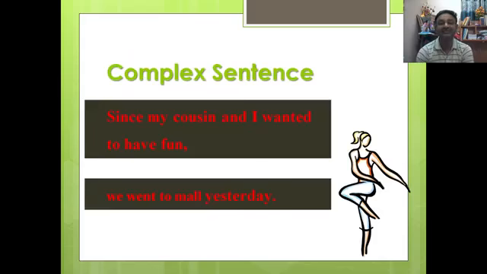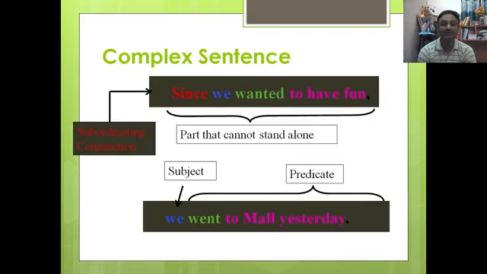In a complex sentence, the sentence looks like: Since my cousin and I wanted to have fun, we went to the mall yesterday. This is an example of a complex sentence. This slide gives you a better picture.